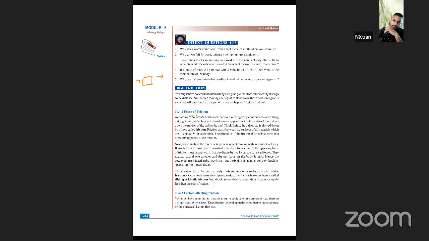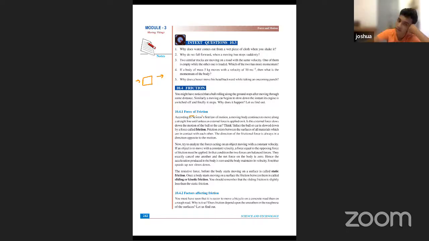Which one is easier to push, an almirah or an almirah on wheels? An almirah on wheels is easier to push. Or which one is easier to push, a car or a car without wheels?